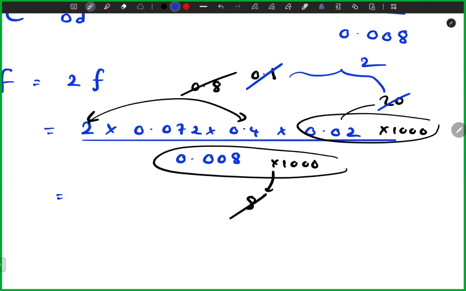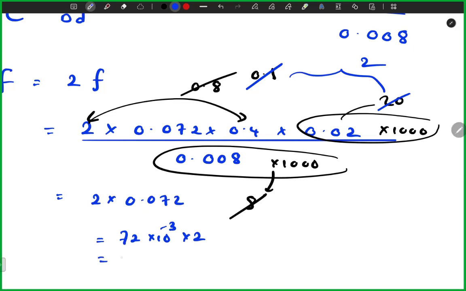Then what do I have? I have 2 there. Then I have 2 times 0.072, which is 72 times 10 to the minus 3, into 2. But I think I had to multiply by something else as well.